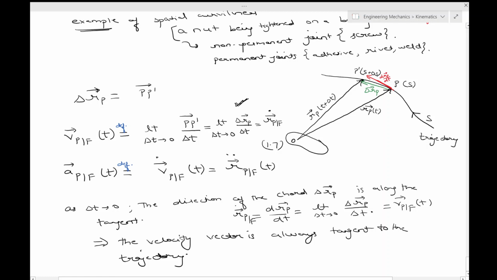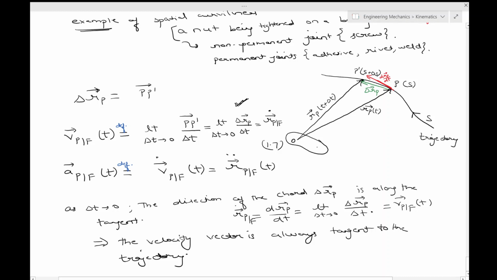Now, since the velocity and acceleration are dependent on this vector PP dash, we want to see how much the definition of velocity and acceleration will actually change if you don't take the point of reference as O, but something like O dash. So let's do that.